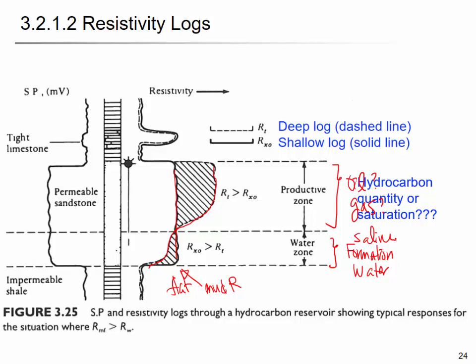Okay, so we can identify this is a candidate for a potential zone for hydrocarbon. And then we need to know how much is in there, right? So we can use some other equations to correlate the electrical resistivity to the hydrocarbon saturation, the quantity. That's called Archie's law that we're going to cover soon.